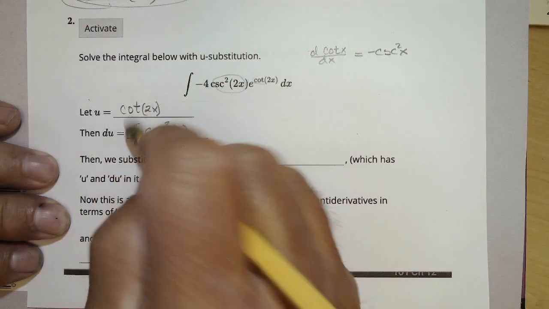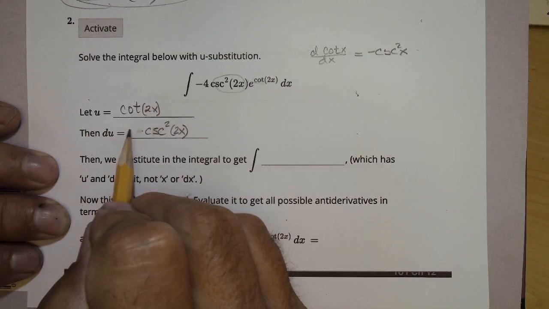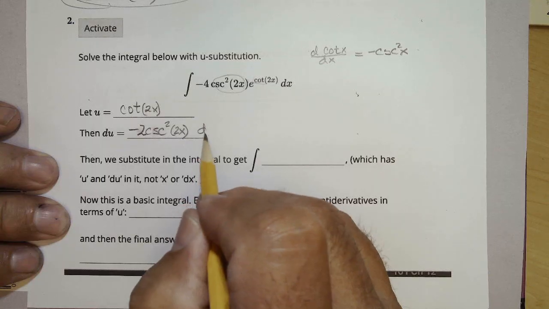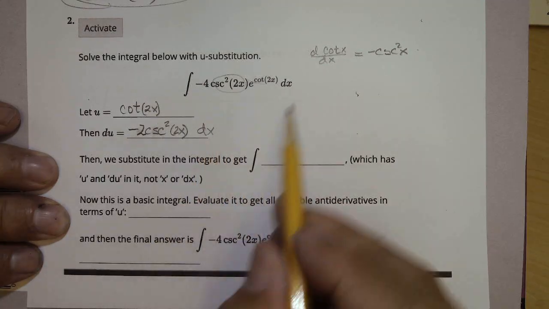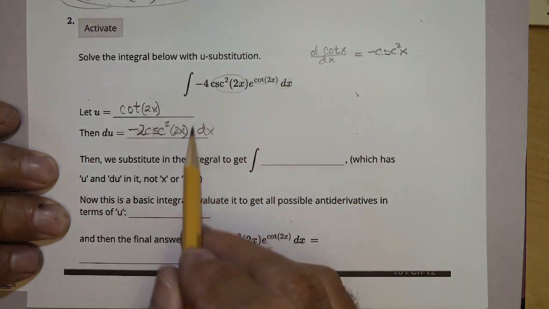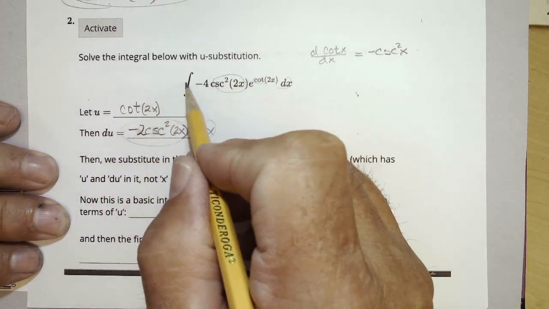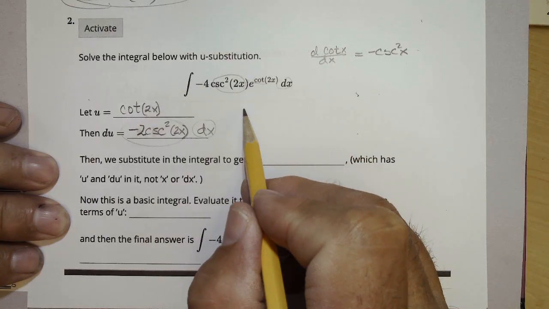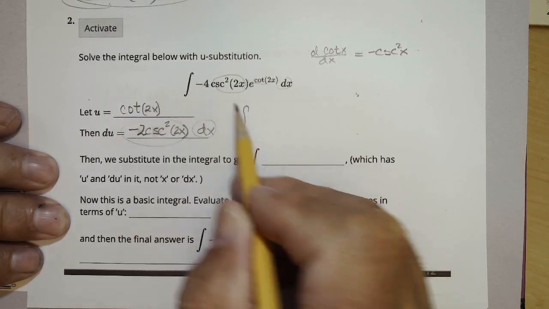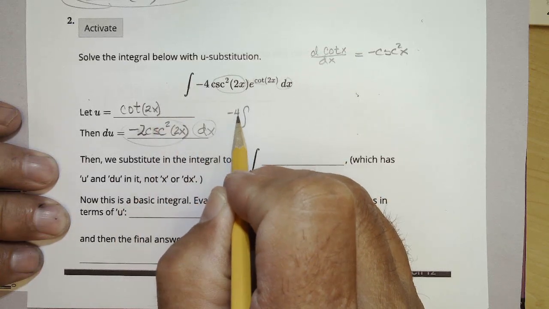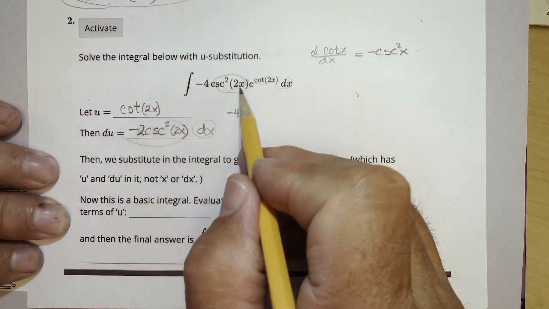So I'm going to make some room here and move the minus over and put the 2 there. Dx. And when I replace the dx, I'm going to have du over this. So this would become the antiderivative. I would pull the minus 4 out so it doesn't hinder me there.